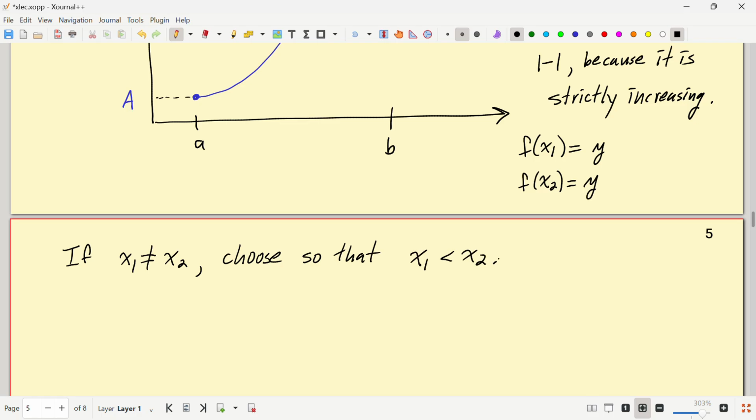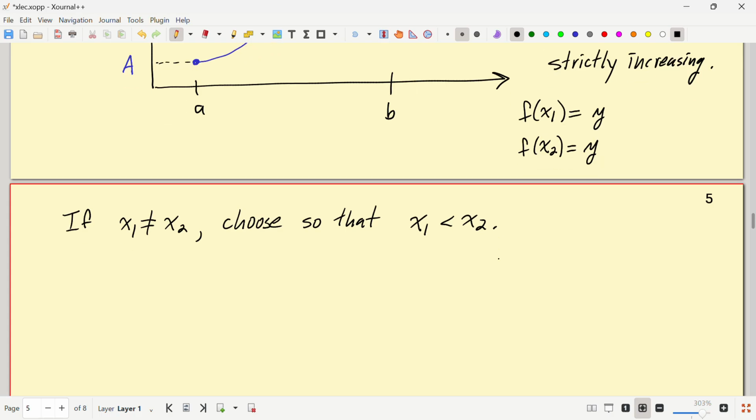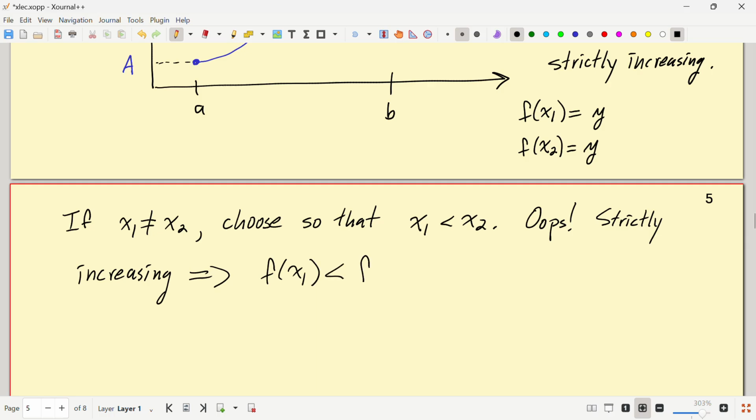And then strict increasing means that can't possibly happen.